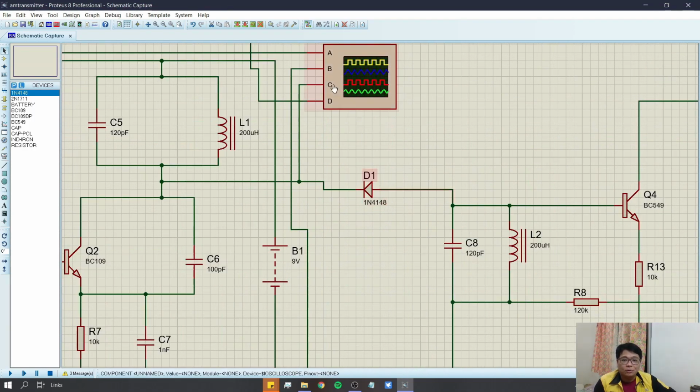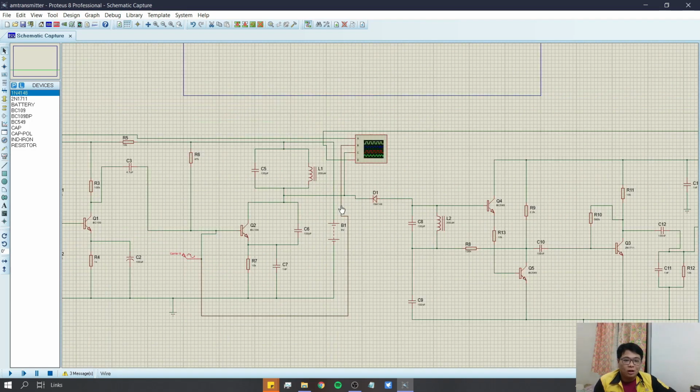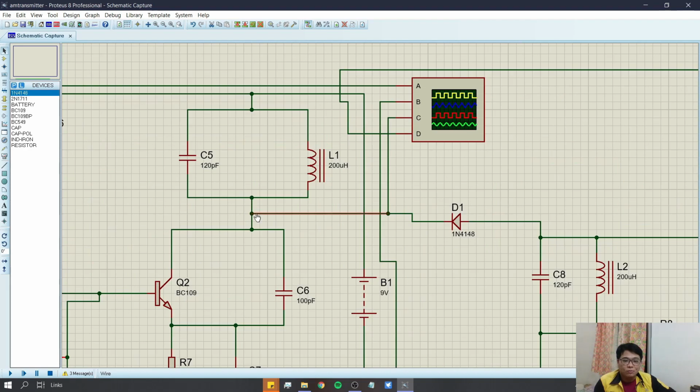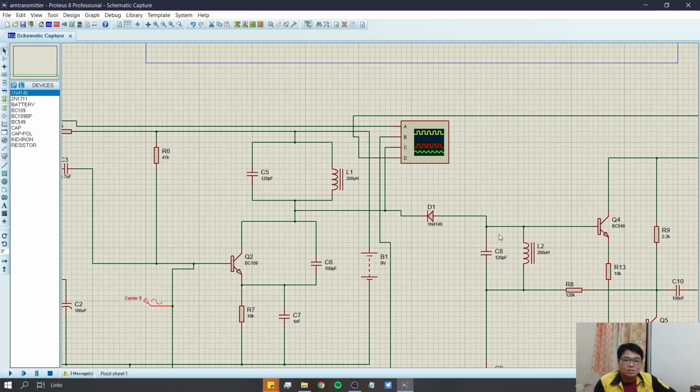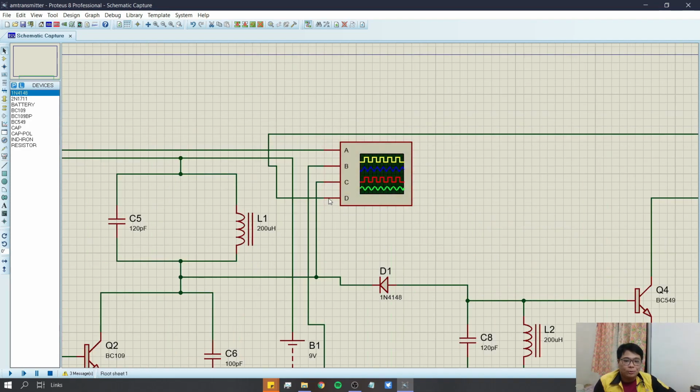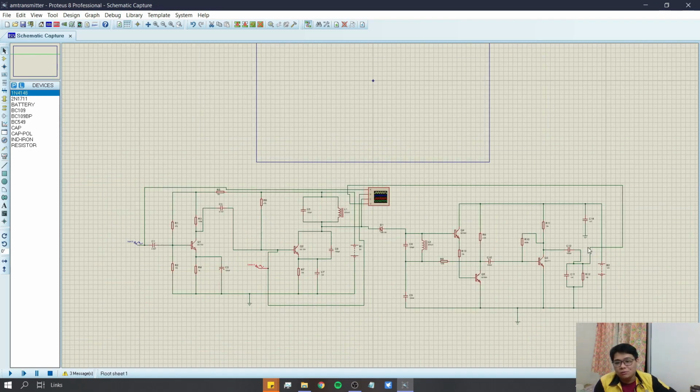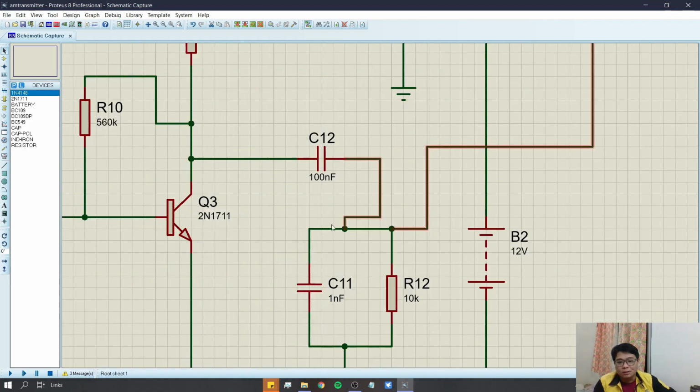The third input, the C terminal, is the output of the transmitter circuit, which is at the same time the input of our receiver circuit. And the last input, the D terminal, is the output of our receiver circuit, which is here.